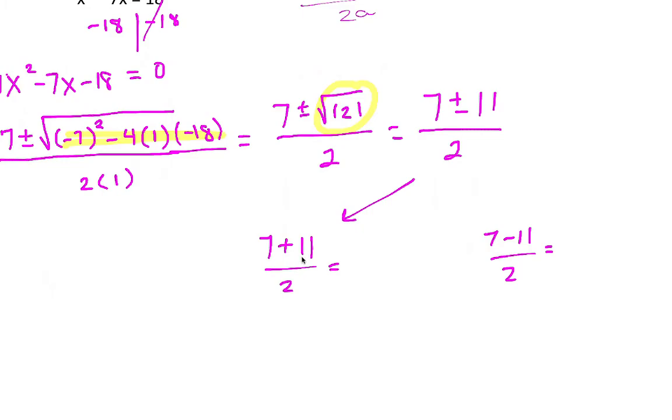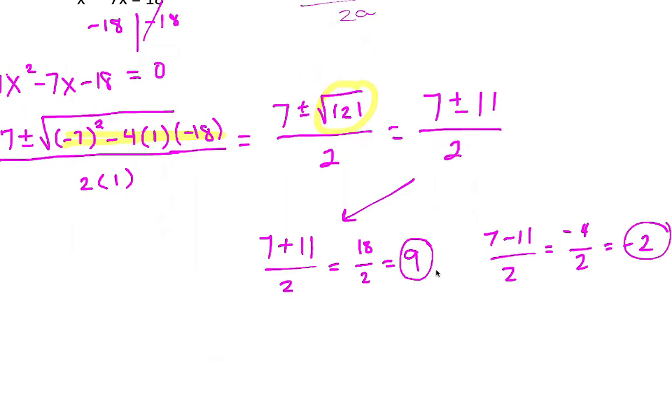Okay, well 7 plus 11 is 18. 18 divided by 2 is 9. Over here, 7 minus 11 is -4. -4 divided by 2 is a -2.